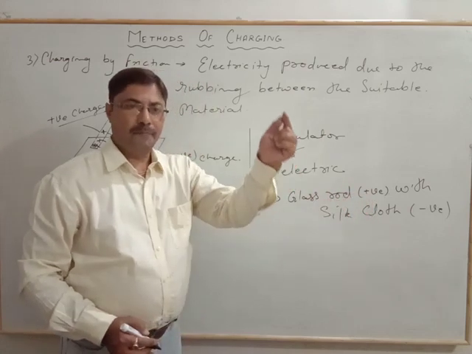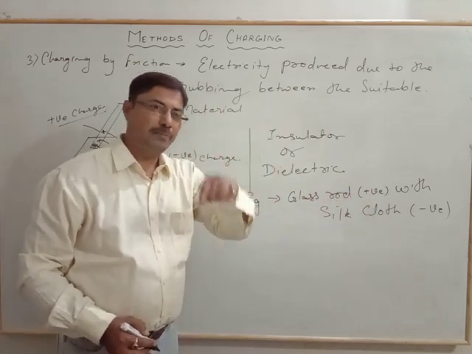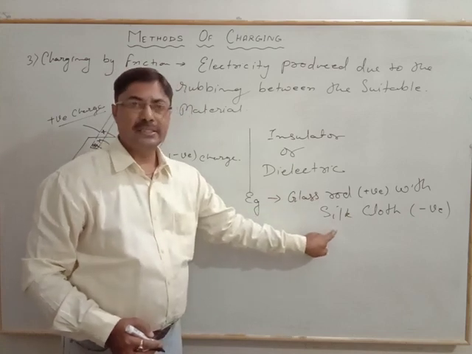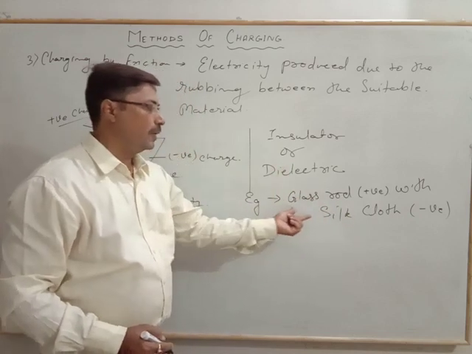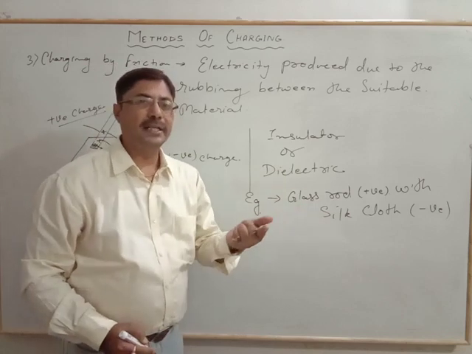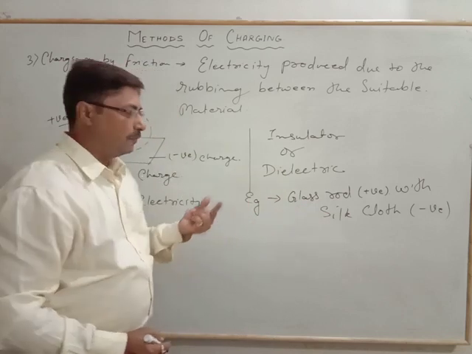That means the electrons jump from the glass rod to the silk cloth. So this is one suitability of material in which we find charging by friction.